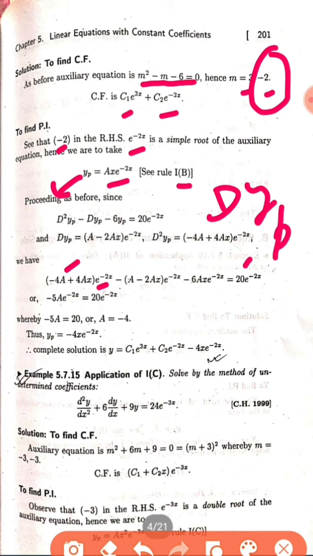The x e^(-2x) terms are not applicable here. So you have -5A e^(-2x) = 20 e^(-2x). Comparing, we have -5A = 20, A = -4.